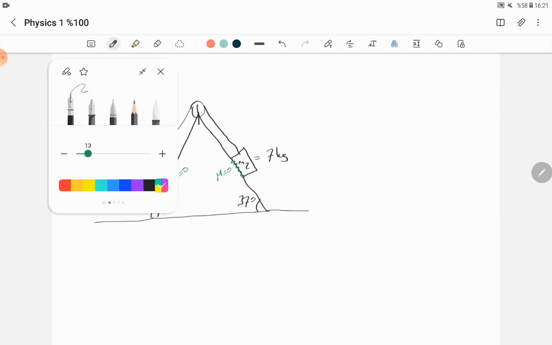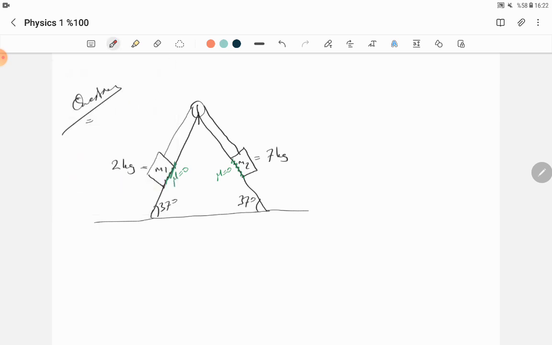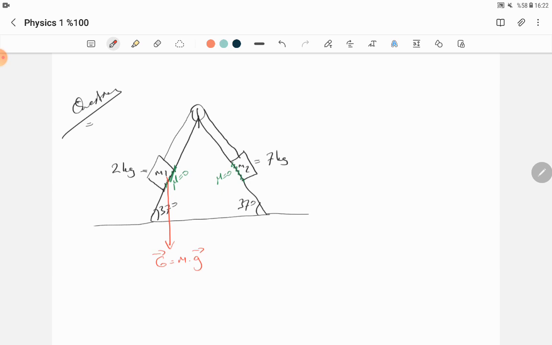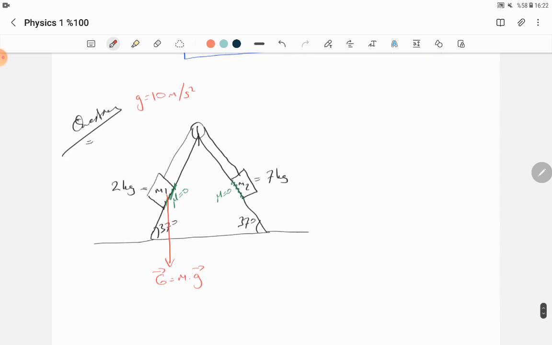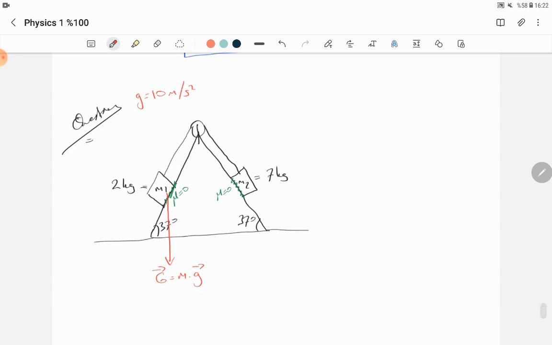And firstly, we must find the gravitational force, and the gravitational force is showing in this direction, and the value is mass multiplied by gravitational acceleration. If we take gravitational acceleration as 10 meters per second squared, we can find this gravitational force.